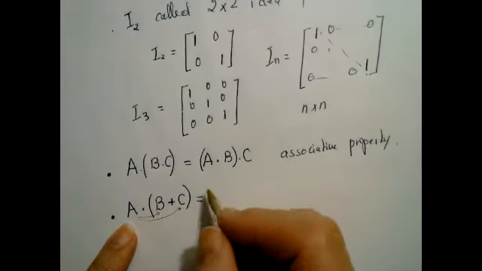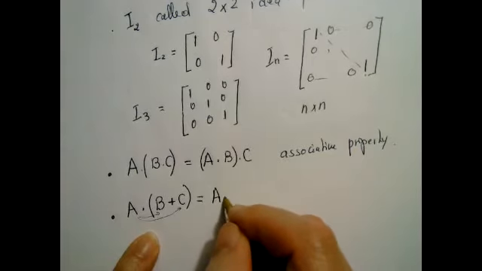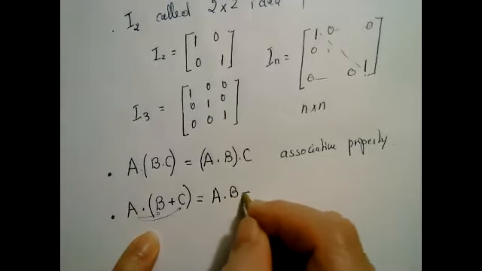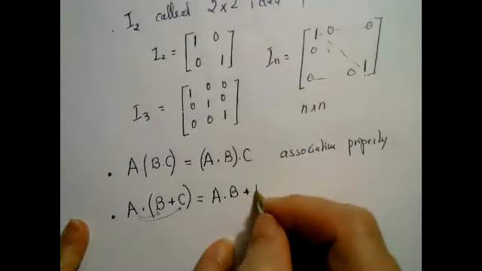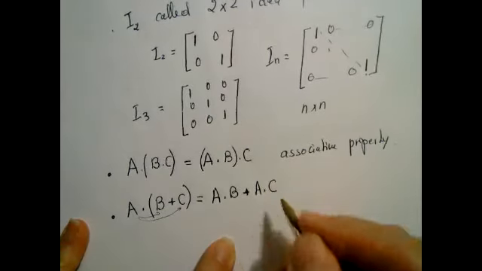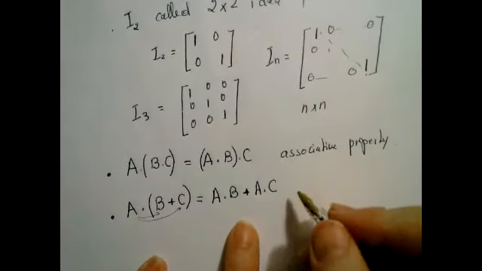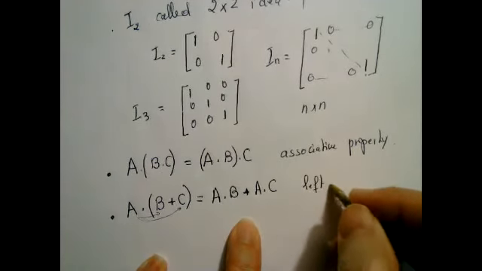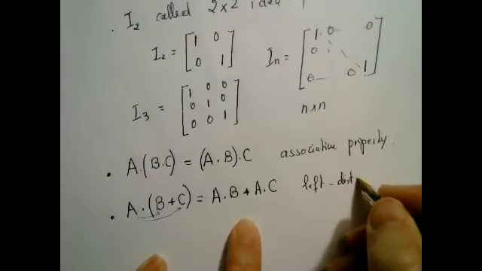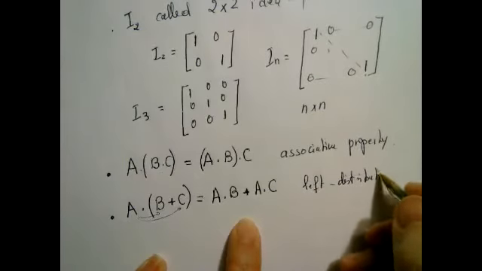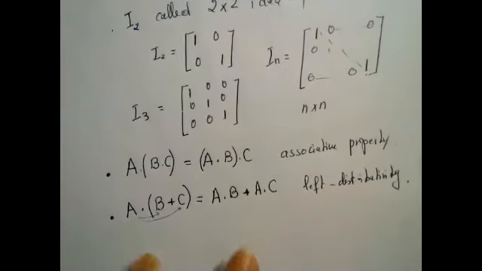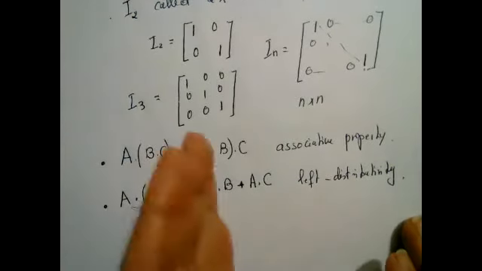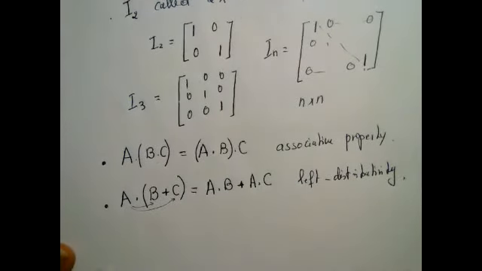So it's A times B plus A times C. So I can distribute the addition. And this is called left distributivity. Okay, left distributive. So I'm distributing from the left.